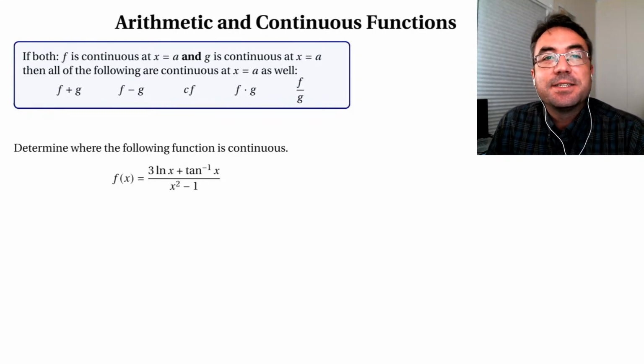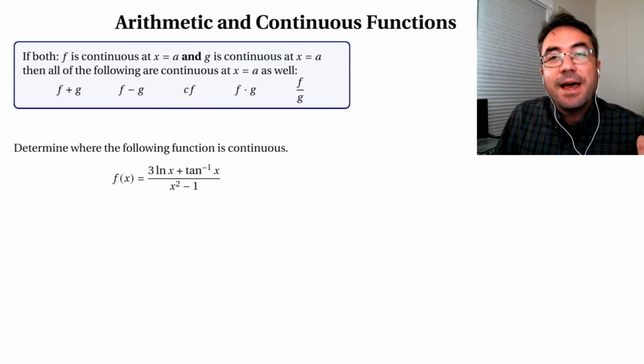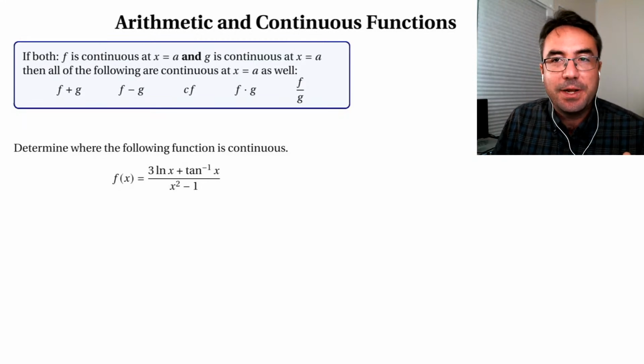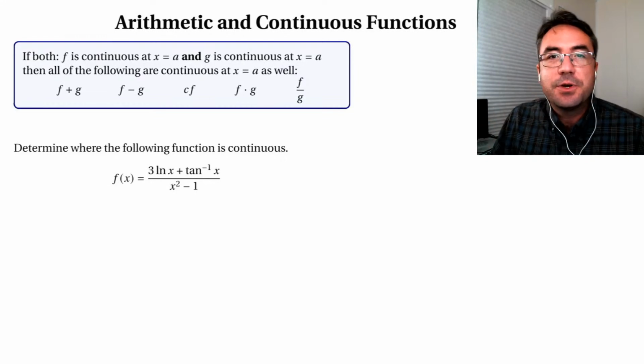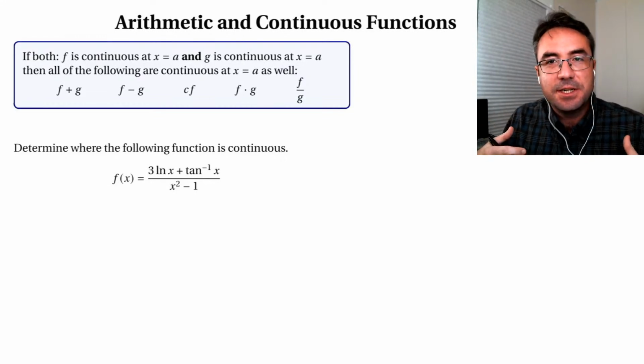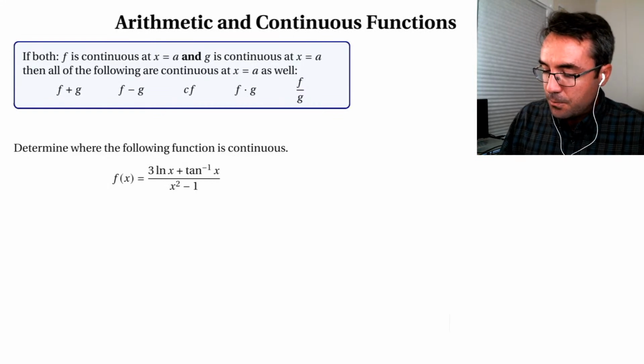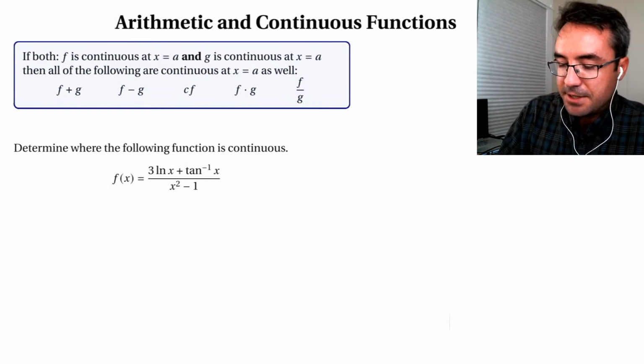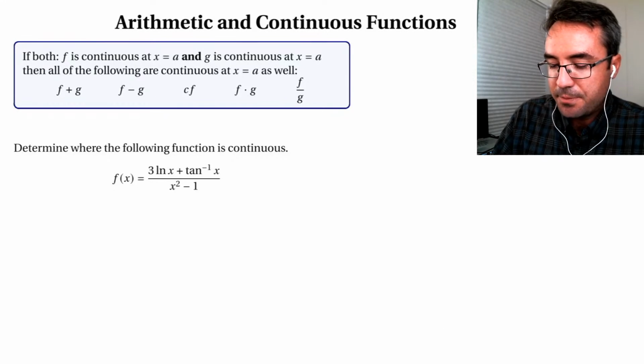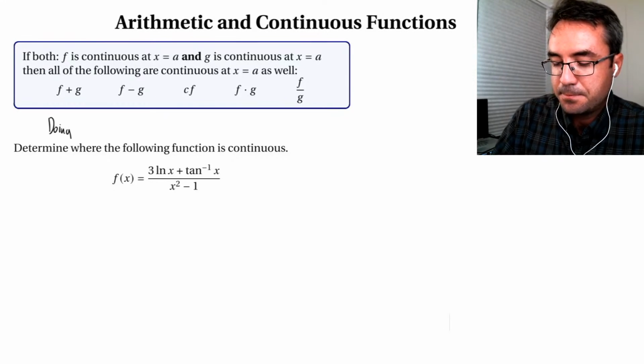And the nice thing is, when we do that, it works very nicely with continuity. So if we add two continuous functions, the result is continuous. If we subtract, the result is continuous. If we multiply two continuous functions, the result is continuous. And so really what this theorem says is that doing arithmetic preserves continuity.